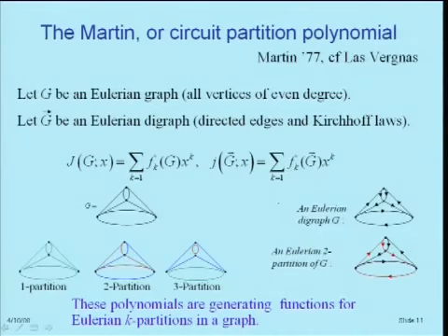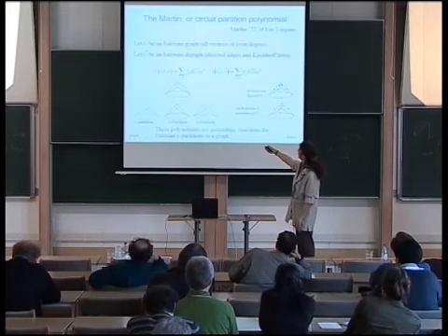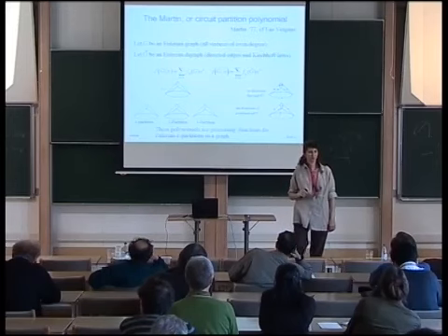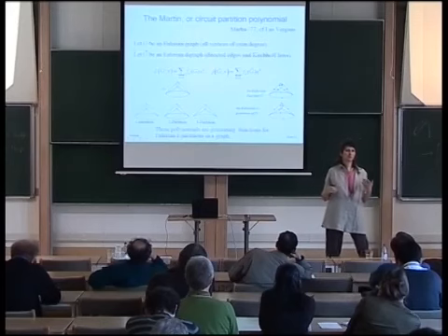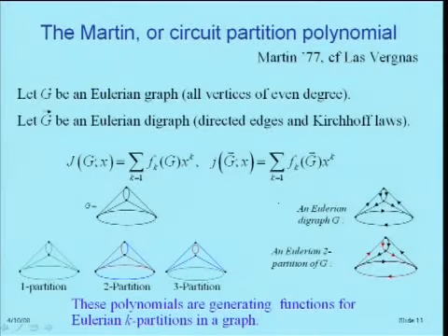A 3-partition is 3 circuits, again, edge disjoint and cover the graph. F sub k of G is just the number of k-partitions. So that's all it is. It's a generating function counting the number of k-partitions in an Eulerian graph. Exactly the same game in the oriented case, except that your circuits have to be consistently oriented.